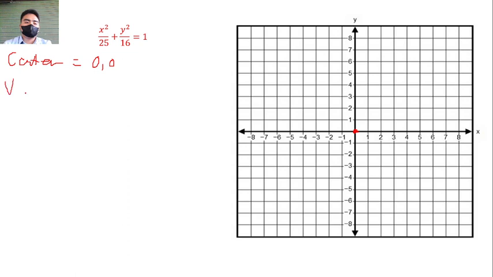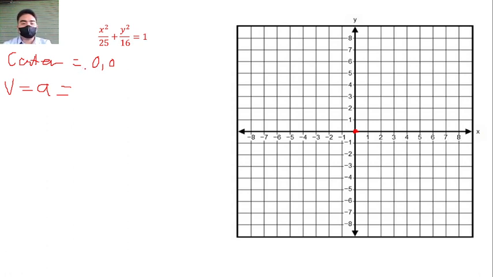Next, which is our vertex. Let's say this is B. Our vertices, no, is A. So how are we going to plot our vertices? We said that when your vertices lie on the major axis, and we know that the major axis is the longer one, it means it has the highest value among the minor.